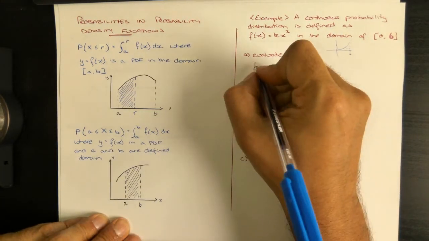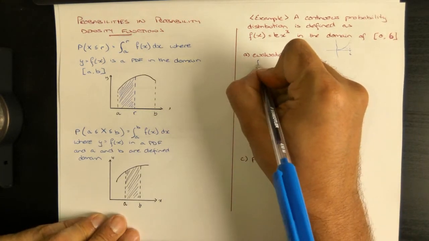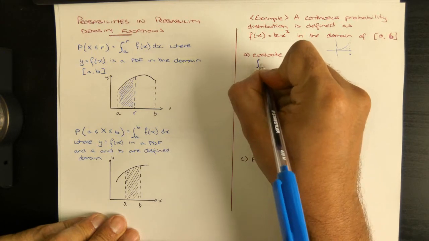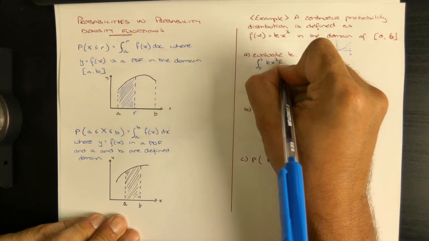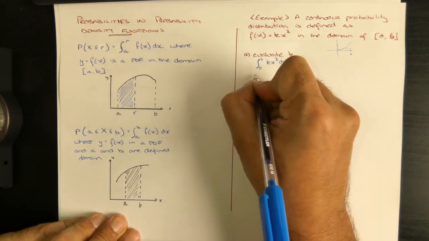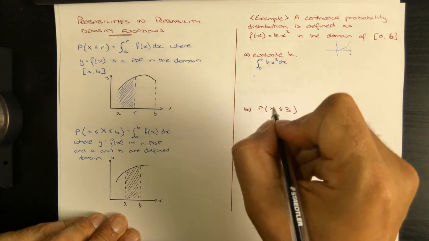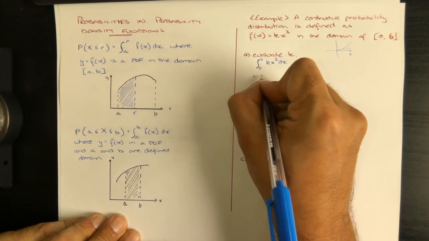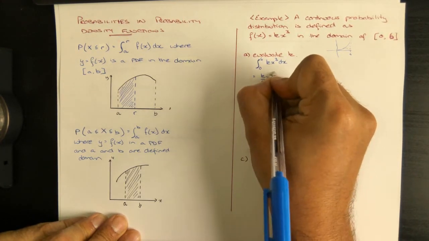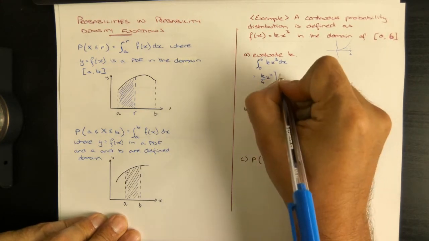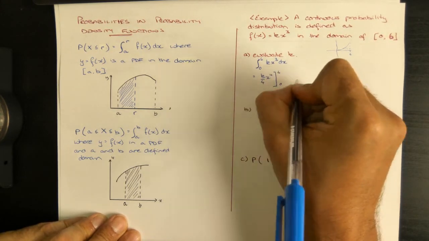So if we integrate from 0 to 6 of k x cubed dx, the solution has to be equal to 1. If I integrate that, I'll get k on 4, x to the power 4, from 6 to 0, and that would have to equal 1.